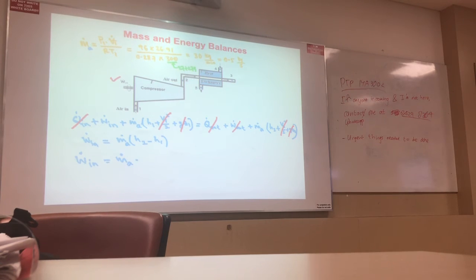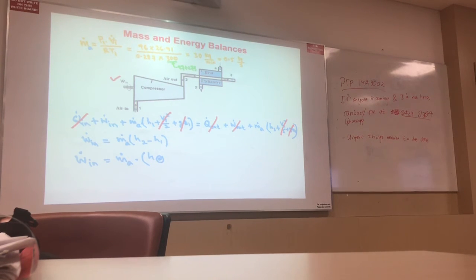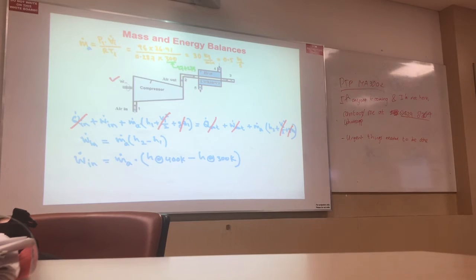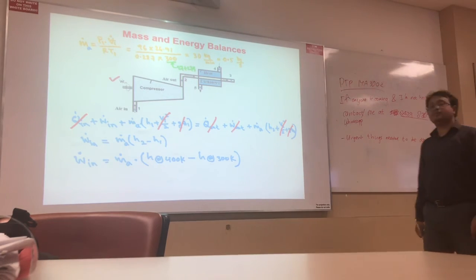So what is h2? h with respect to 127 degrees Celsius or 400 Kelvin, same. Minus what is h1? h with respect to 300 Kelvin. 27 degrees Celsius is 300, 127 is 400.